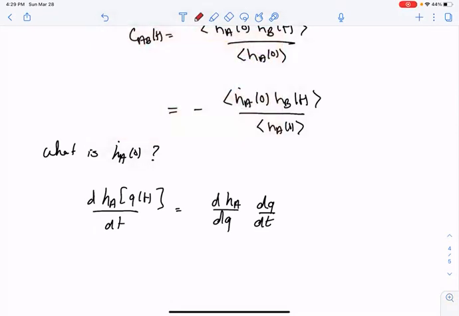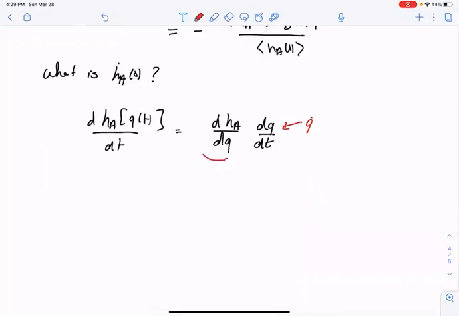So the rate of change of Q, well, that's some reaction coordinate. Maybe it is the bond distance between some dissociating bond, and thus I can attribute to Q a velocity that I'll just call Q dot.